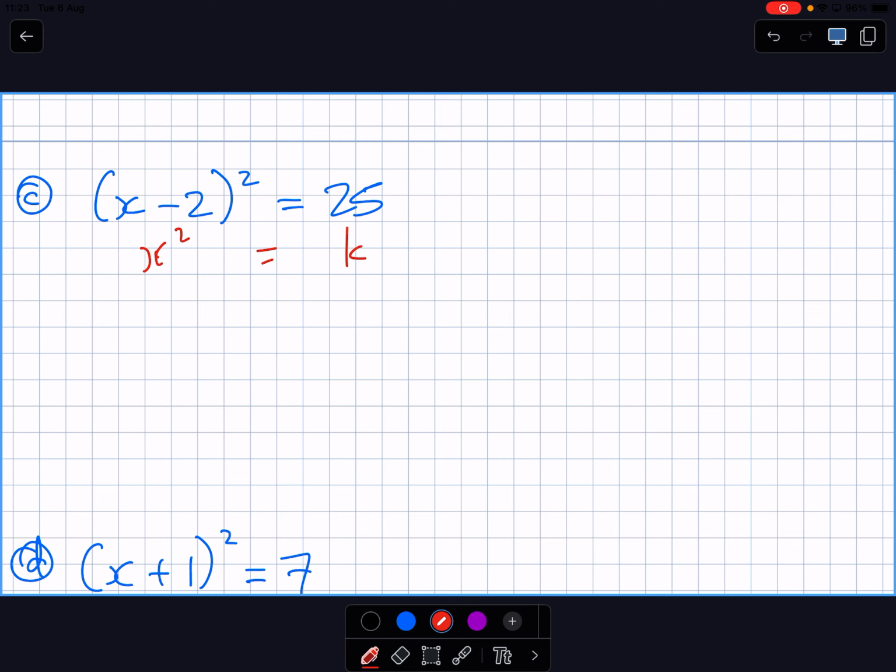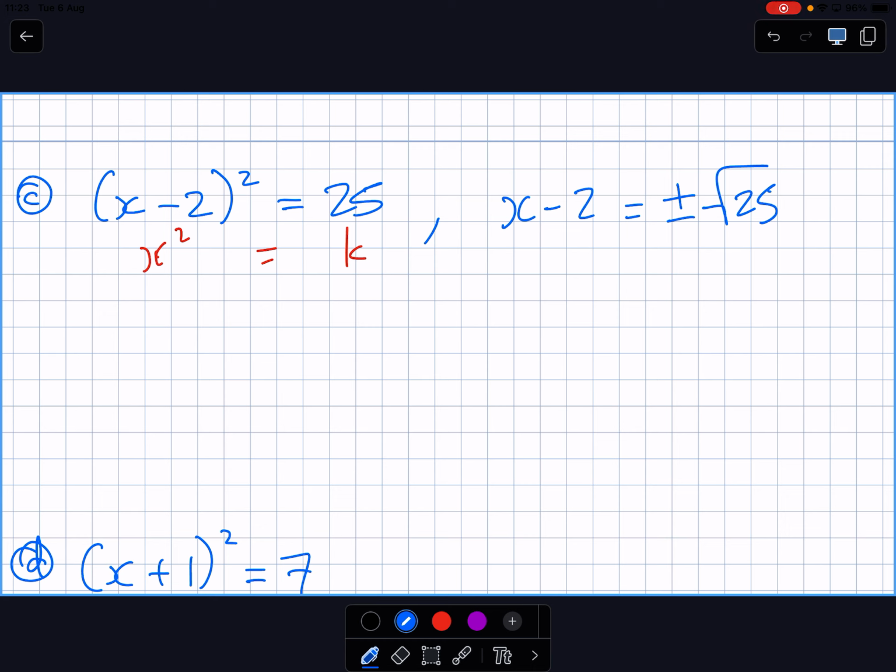Is this number here larger than 0, 0, or less than 0? So your answer, when you apply the flowchart, is x take 2 is equal to plus or minus the square root of 25. I used option 1.